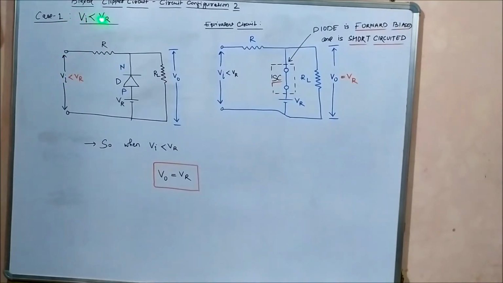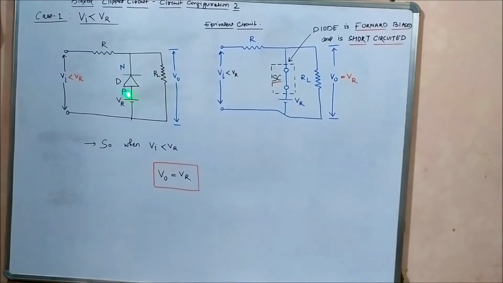Vi is lesser than Vr, Vi is connected to N, Vr is connected to P. We know that when a diode is connected in this fashion, it will be forward biased, and when a diode is forward biased, it behaves as a short circuit.